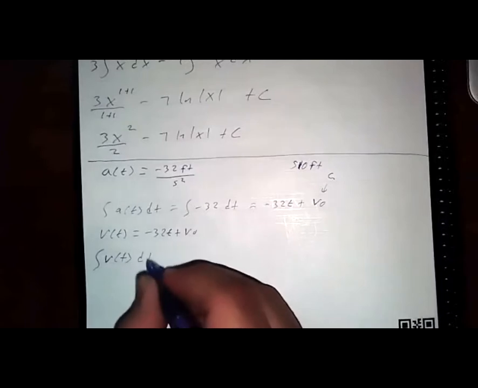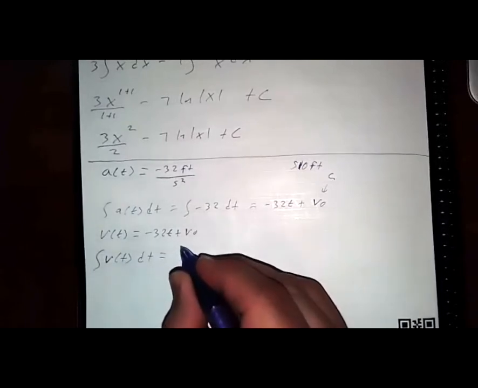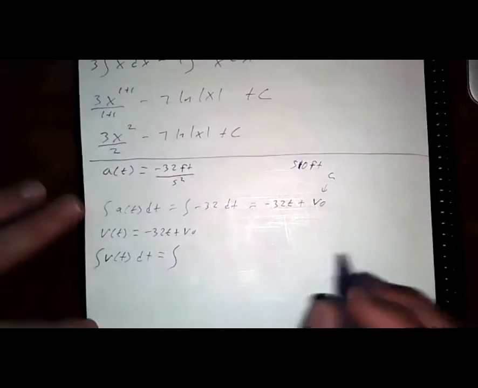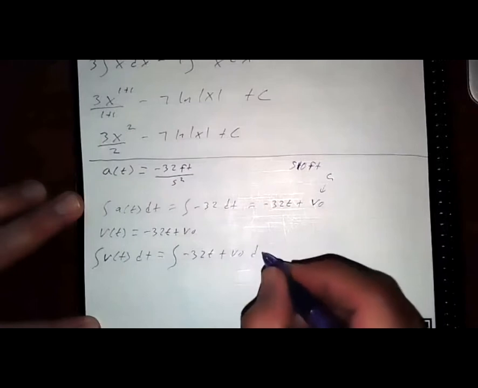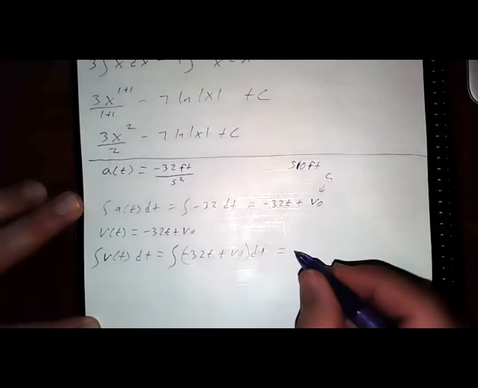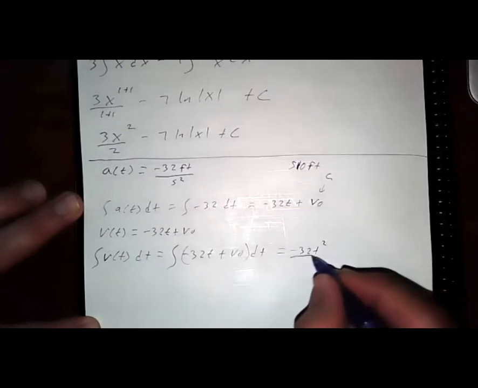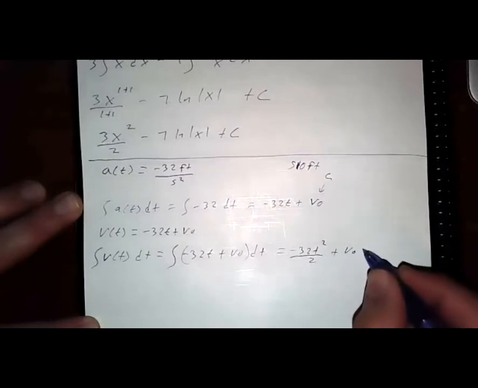If I integrate one more time, I would get position, which the book uses s. So that would be the integral of negative 32t plus v naught dt, which will give us negative 32t squared over 2 plus v naught t plus another constant.